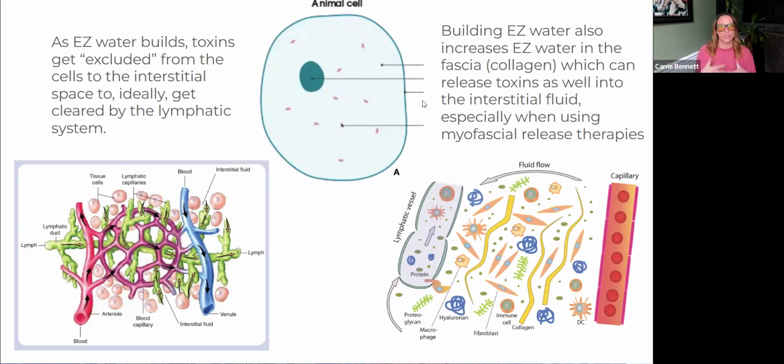Yes, we can move the lymph with dry brushing. Yes, we can move it with gentle pumping exercises ourselves, or rebounding, or exercise, or movement. All of those are really, really important. However, infrared supports the flow independent of those things. And so this is a missing factor from our clinician's toolbox when it comes to supporting our client's detoxification process.